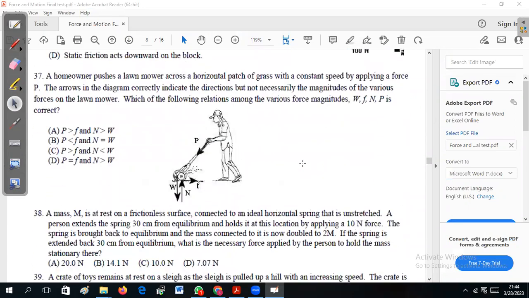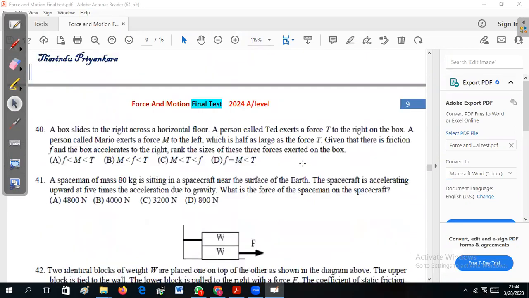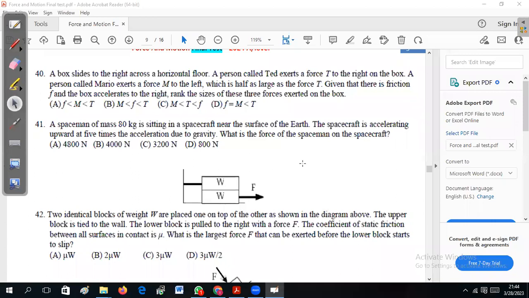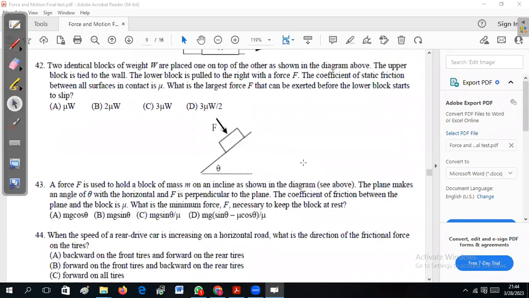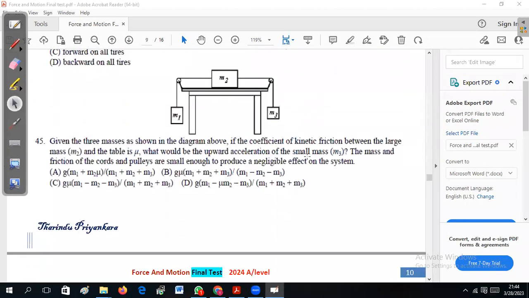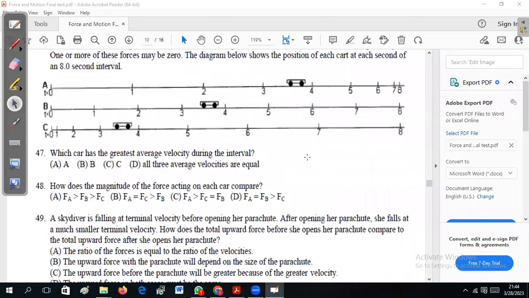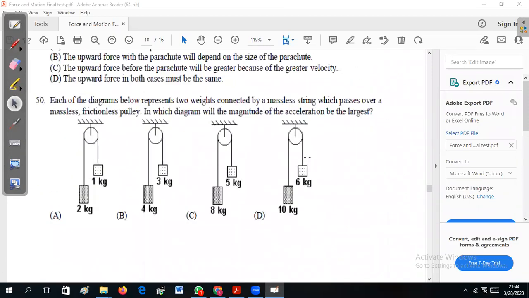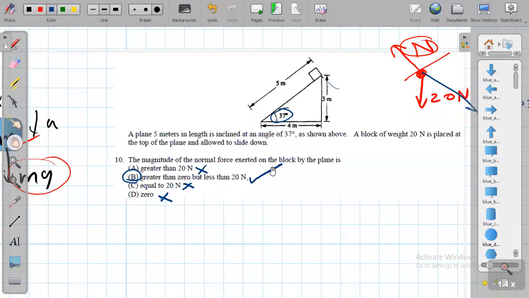I will give you a certain special thing to do, right? I will mark a few questions by their question numbers. I will not give many.